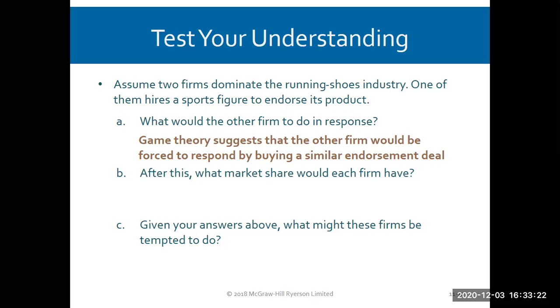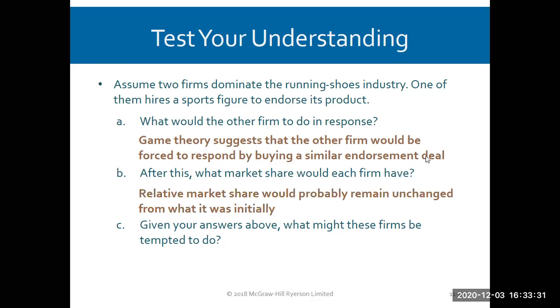After the second one also engages a sports figure for a similar endorsement type of deal, what market share would each firm have? Probably pretty much the same. If the second firm got on there really quickly, which they often would, the relative market share would probably remain unchanged from where it was initially.